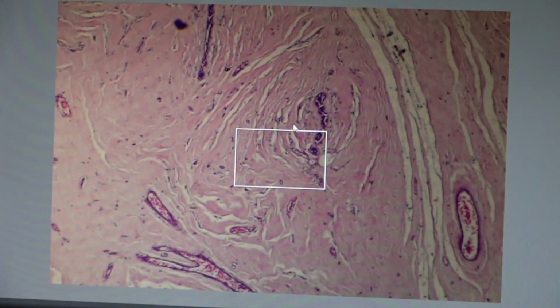This slide represents a benign lesion of the myometrium of the uterus. It is called adenomyoma. It is similar to fibroadenoma of the breast. This lesion, adenomyoma, is composed of benign-looking glandular epithelium and benign-looking stroma.